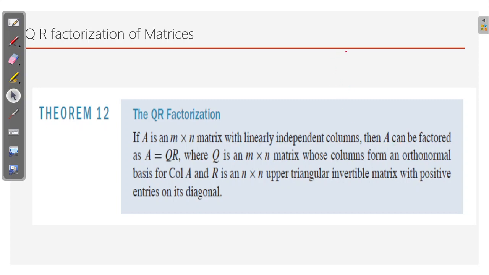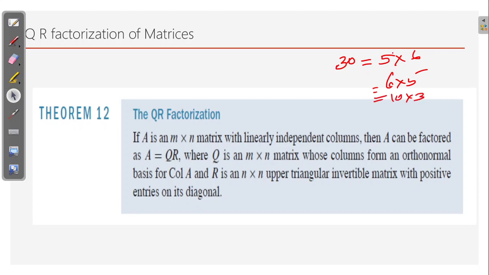That means suppose we have a number like 30, a real number. This 30 can be factorized as 5 into 6, or 6 into 5, or again 10 into 3.